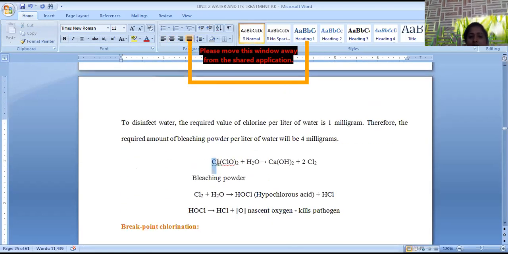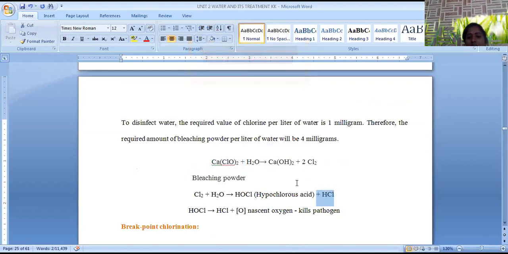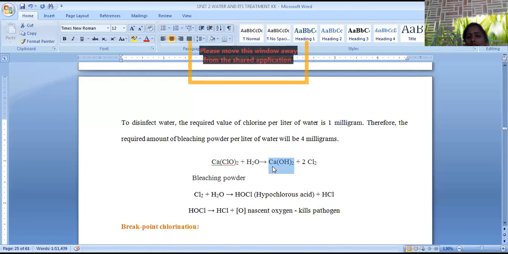When we take this bleaching powder and add it to water, it releases calcium hydroxide and chlorine. So whatever acids are generated in chlorine hydrolysis can be neutralized by this calcium hydroxide base. That's the reason why it is more efficient compared to the direct chlorination process, where calcium hydroxide is the base, and in this chlorine hydrolysis it releases hypochlorous acid as well as HCl.